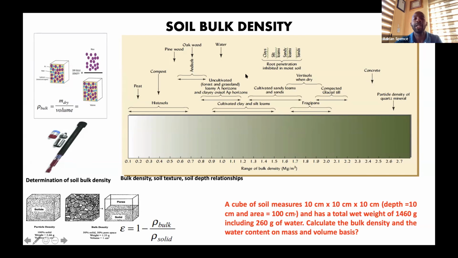And with the aid of a chart like this, or similar ones, you can also have an idea of what crops might be best suited to be planted in a particular area. Because compaction will affect bulk density, which will affect root penetration, which will also impact your water holding capacity or water retention capacity of the soil.